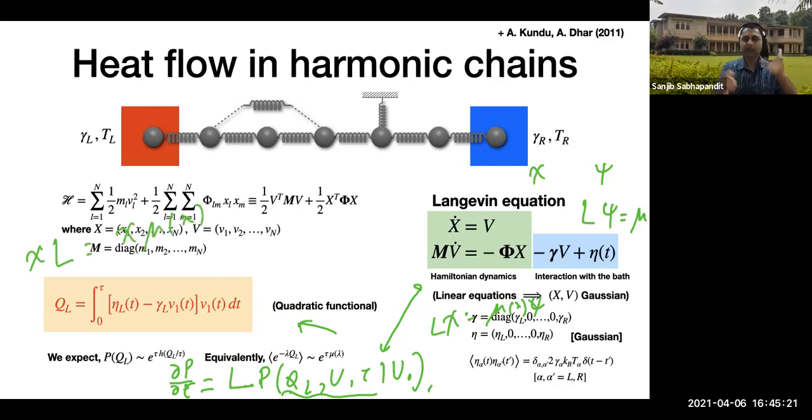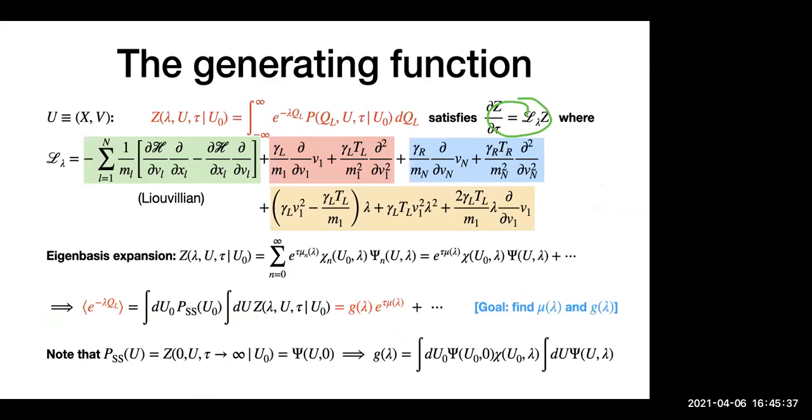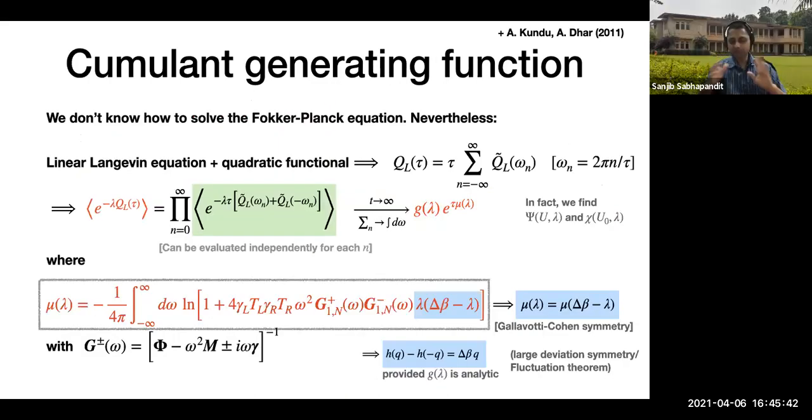These are not just complex conjugates, but otherwise it's like your Schrodinger equation. So this is the same Schrodinger decomposition in the eigenbasis.